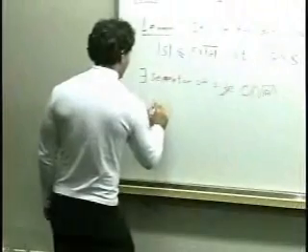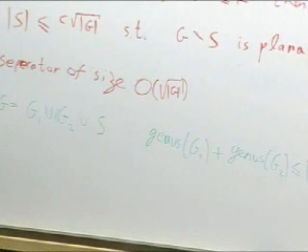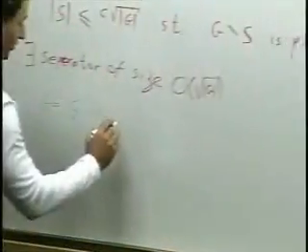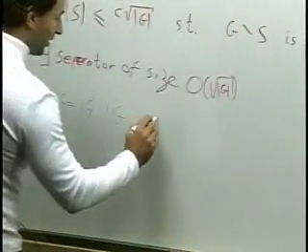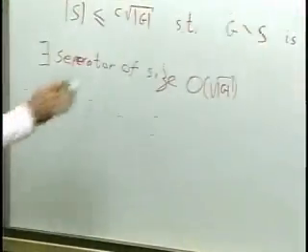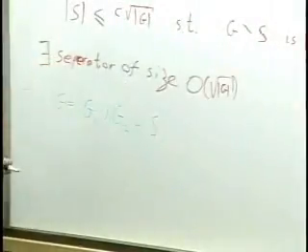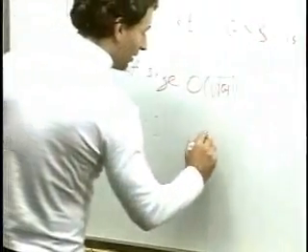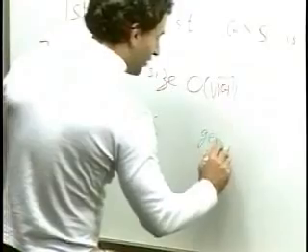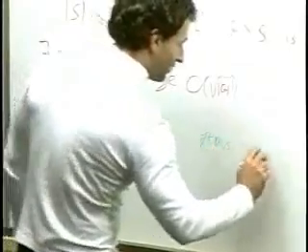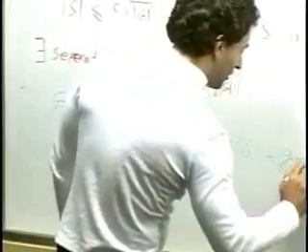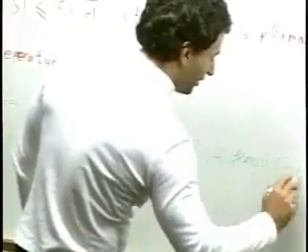If you remove the separator of square root size, then you repeat the same thing in each of the parts. So G is equal to G1 union G2 union some small S, in a single step of separation, and the genus of G1 plus the genus of G2 is at most k.